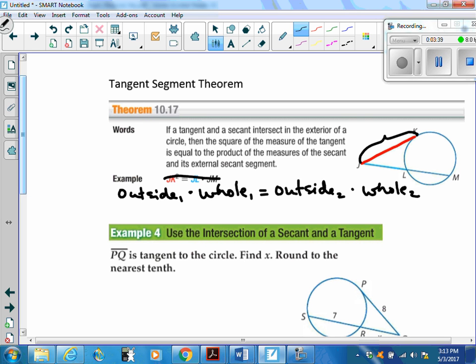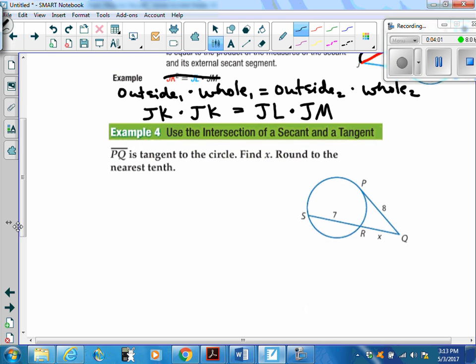So the first one, I'm looking at JK. The outside is JK, and the whole thing is also JK. And that's okay if they're the same value. The second segment, the outside is JL, and the whole thing is JM. So let's apply that to example 4.